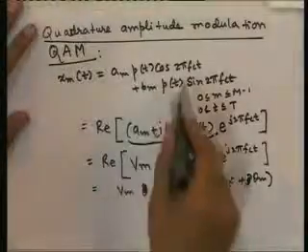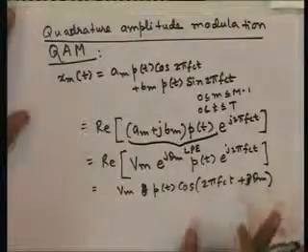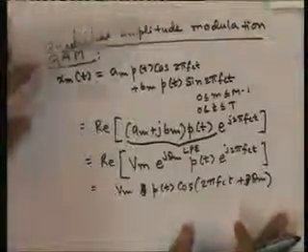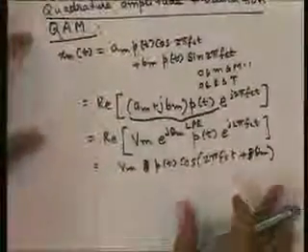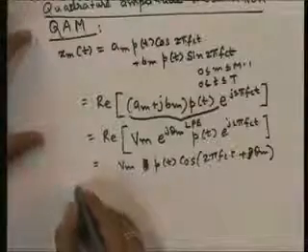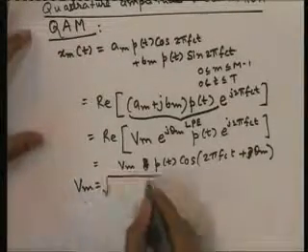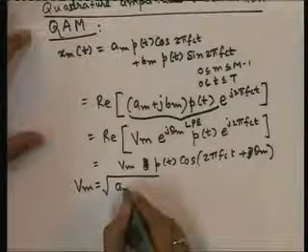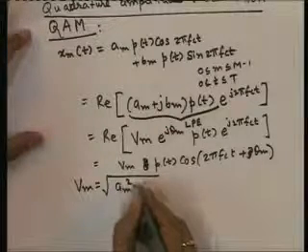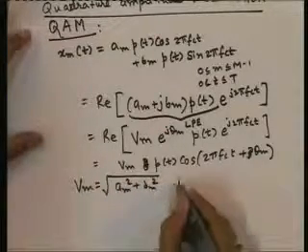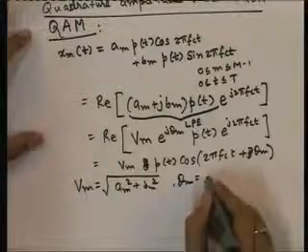So this signal basically can be expressed in this form also. Okay. Now here obviously Vm is the magnitude of Am plus jBm, and theta m is the phase.